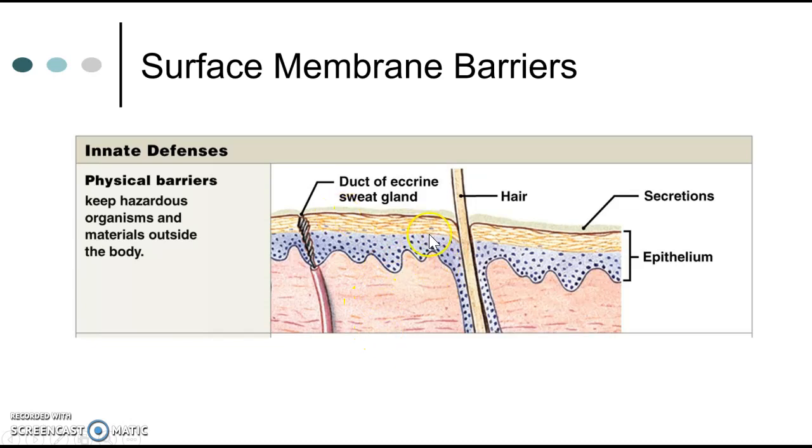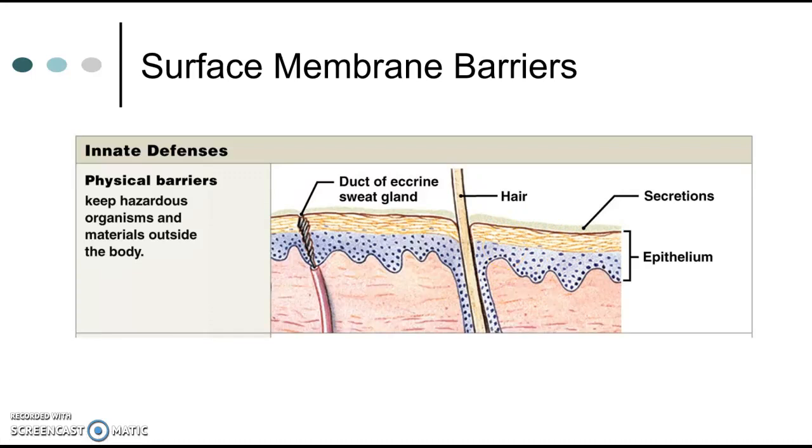That keratin prevents that from occurring. Rarely do we find that we end up with an infection through the skin as long as the integrity of the skin is whole. Now, if you end up damaging this skin, you have a cut or a scrape or some type of abrasion, that's where you'll see an infection occurring.